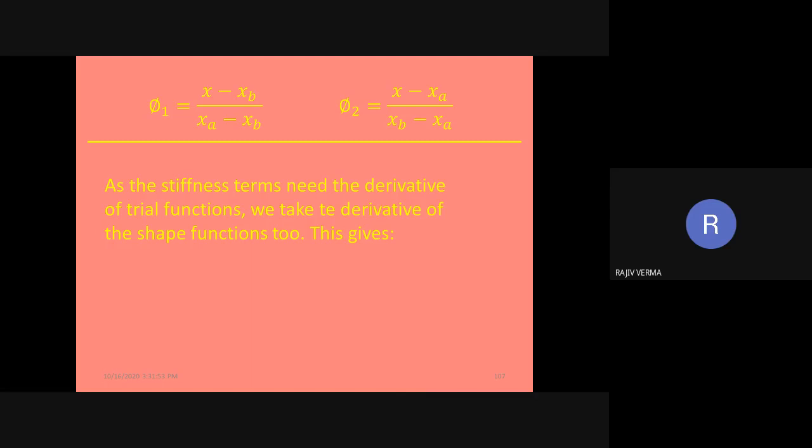This gives the expressions for the differentials of phi1 and phi2. d phi1 by dx is equal to minus 1 by xb minus xa, and d phi2 by dx is equal to 1 by xb minus xa. We are taking the differentials of shape functions because the stiffness matrix itself contains the differentials of the shape functions.